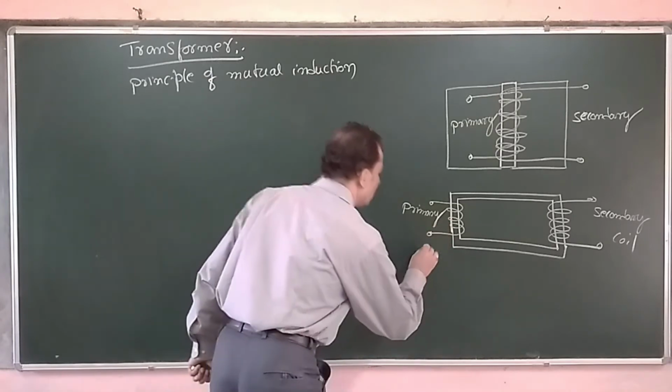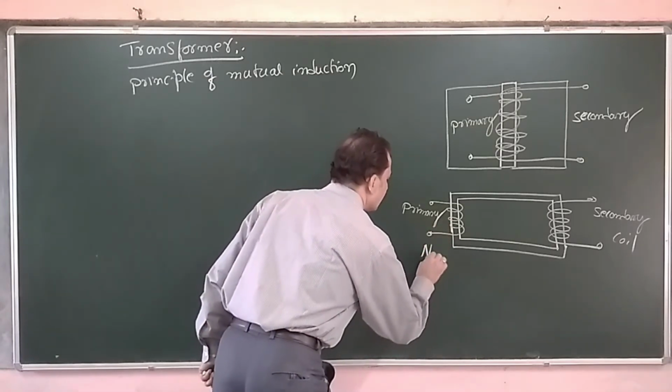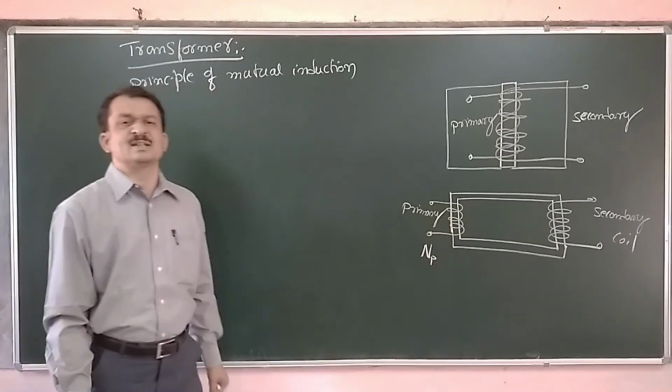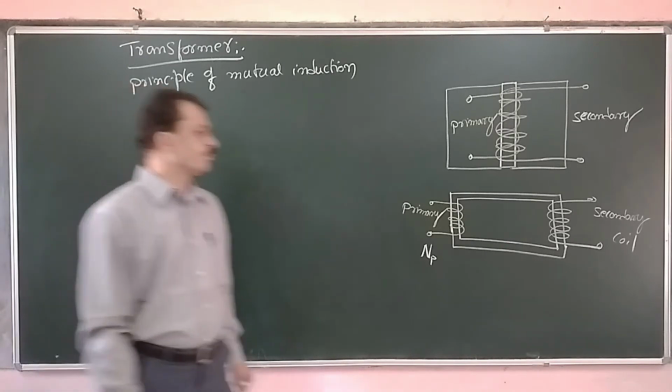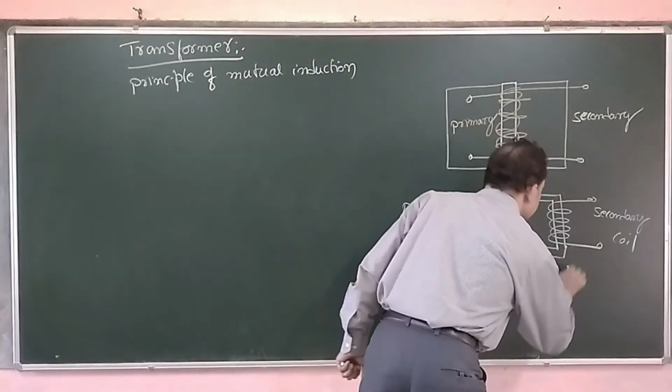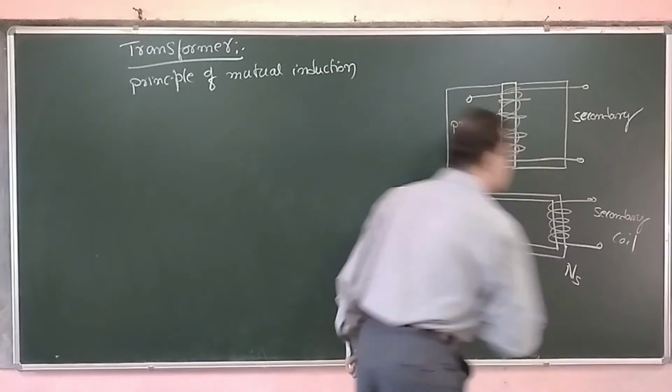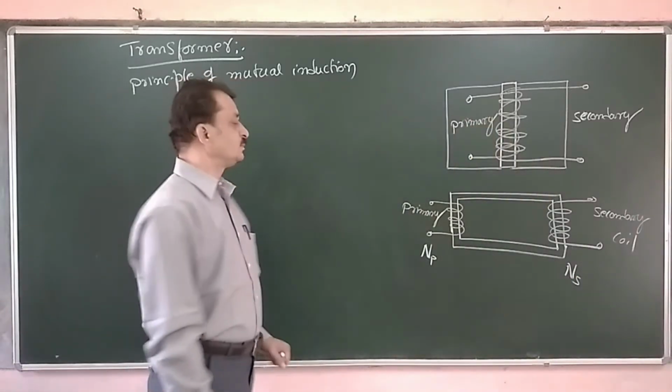Now if the primary coil has the number of turns, let me call it NP, the secondary coil has a number of turns NS.